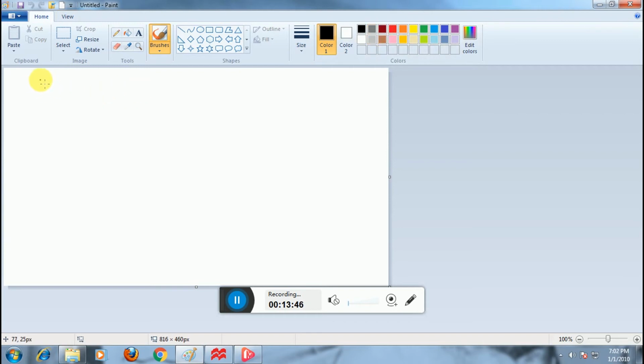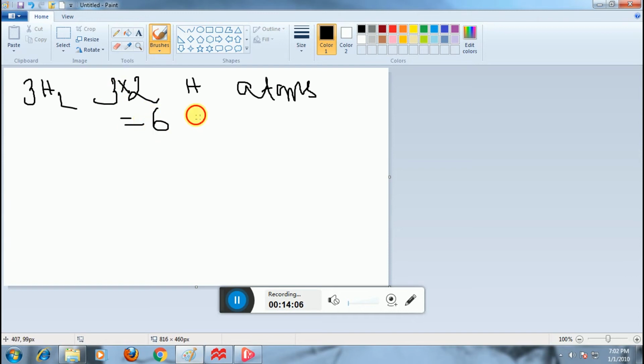For example, H2 contains 2 hydrogen atoms. So 3H2 of course contains 3 into 2 hydrogen atoms, that is 6 hydrogen atoms.